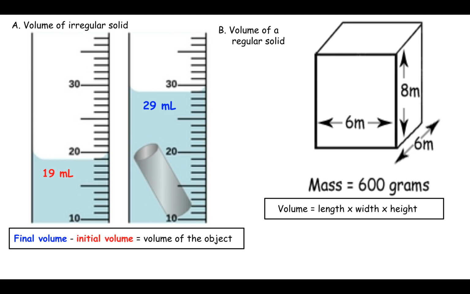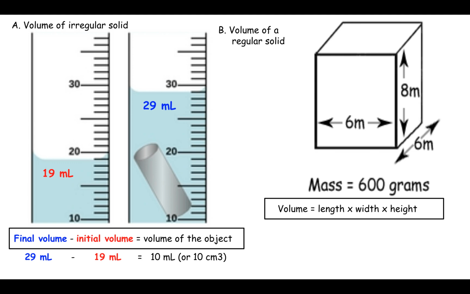You take the final volume minus the initial volume, so 29 minus 19, and that gives you the volume of the object. That would be 10 milliliters, which is equivalent to 10 cubic centimeters of space that it takes up. So it's a quick little subtraction problem.